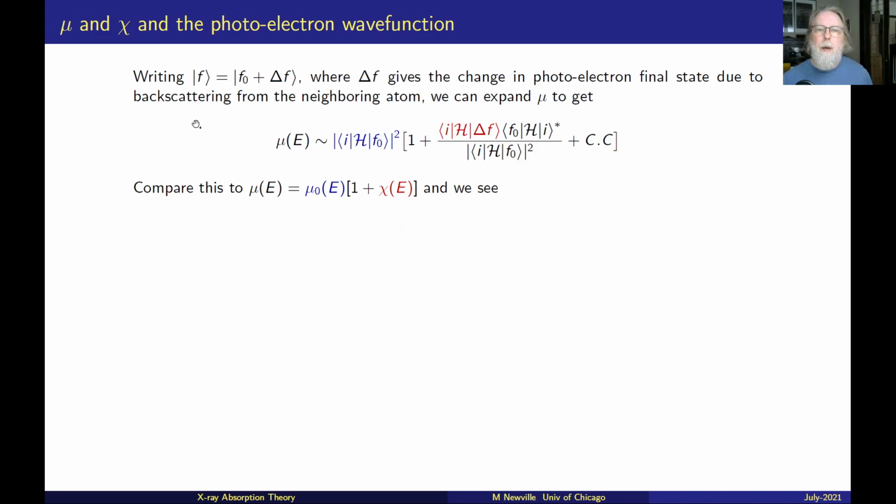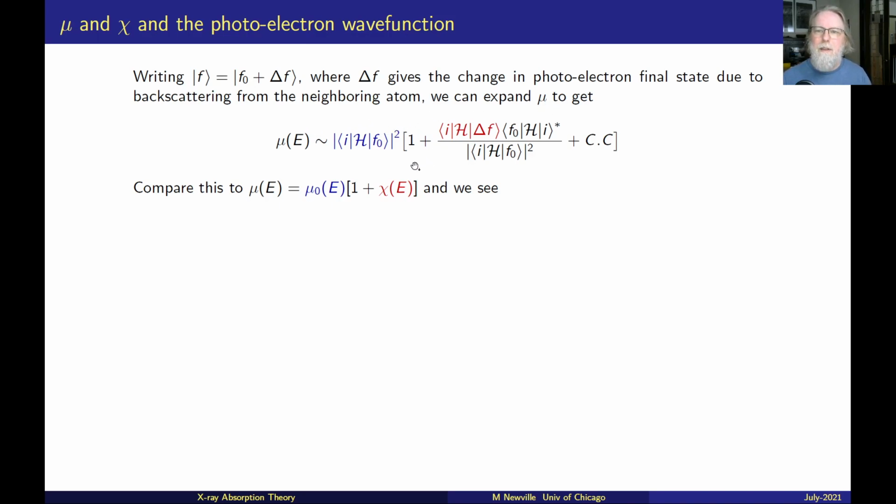If we write that final state as an unperturbed final state plus the change in the final state due to the neighboring atoms, the delta F gives the change in the photoelectron final state that's due to the backscattering of the neighboring atom.